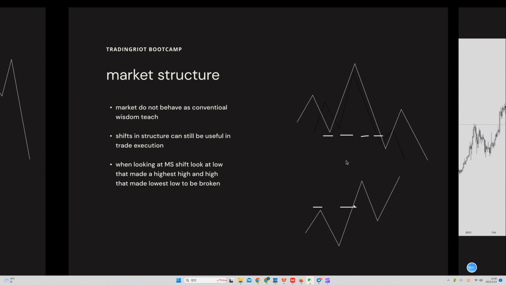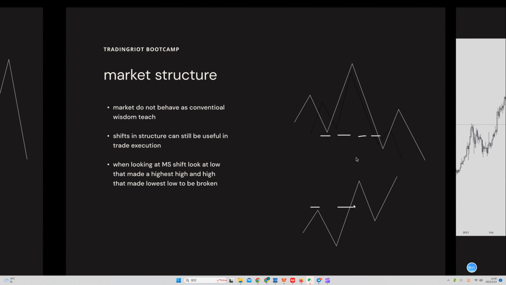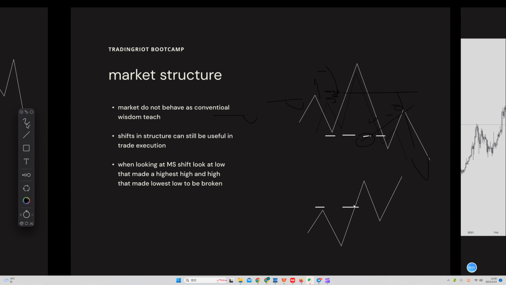So this will be covered in some execution patterns, but for a bearish structure, this is the low. Let me change this again, sorry. Basically this is the low that produced the highest high.